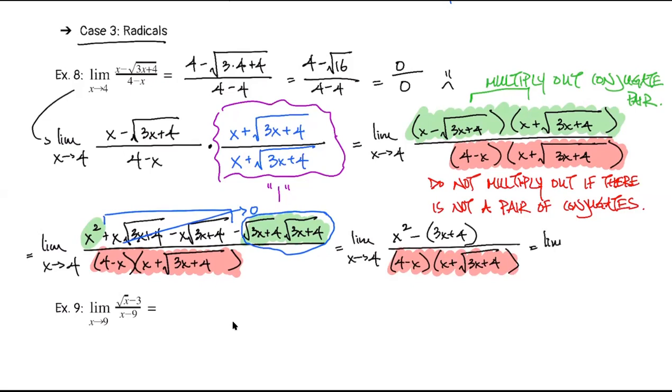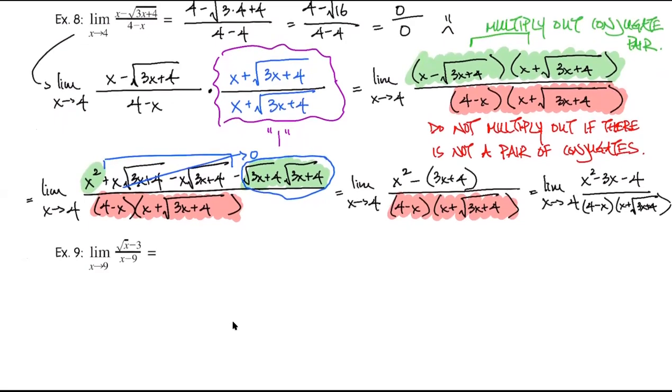The limit as x approaches 4. On the top, I get x squared minus 3x minus 4, over my denominator.